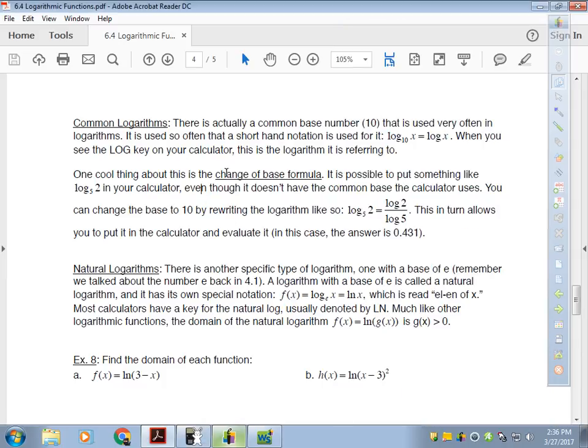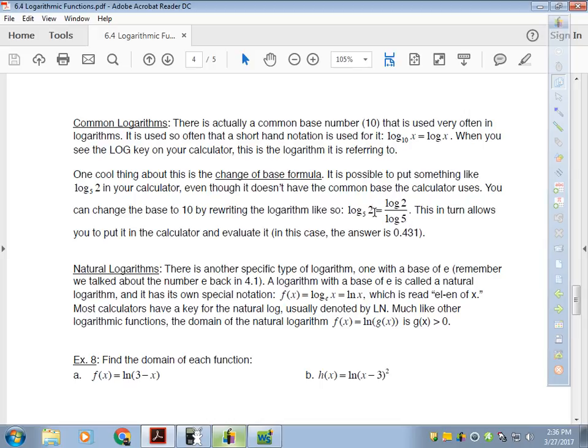Now, one cool thing about this is that there is a formula called the change of base formula that will allow you to take a logarithm that is not in base 10 and rewrite it into base 10. So like, let's say we have log base 5 of 2. My calculator doesn't have a log base 5, but it does have a log base 10. And so I can take this log base 5 of 2 and rewrite it as log of 2 over log of 5.